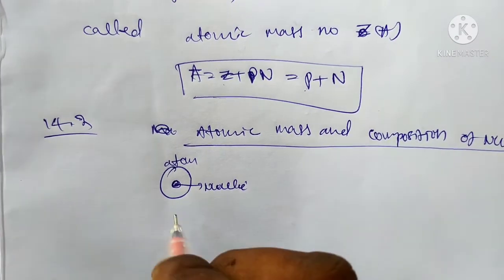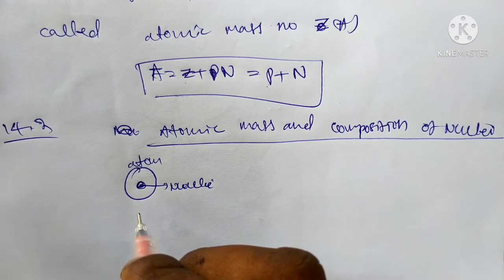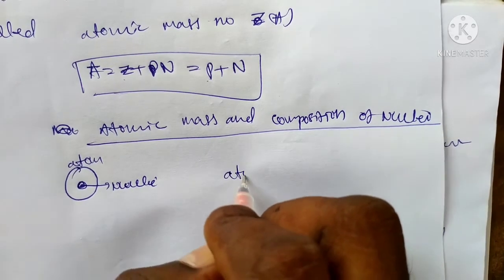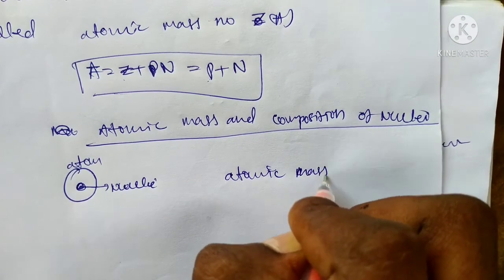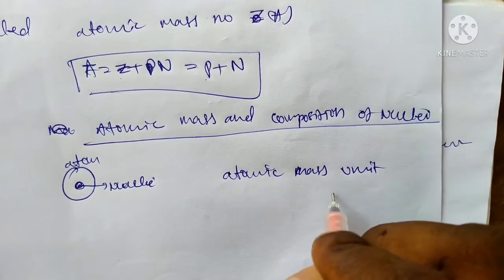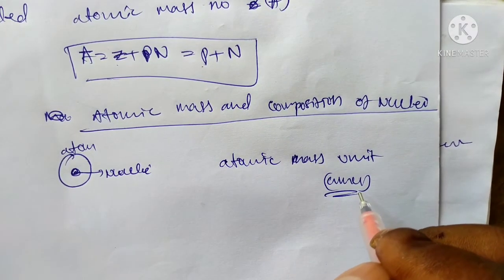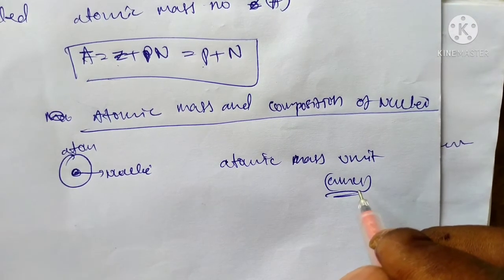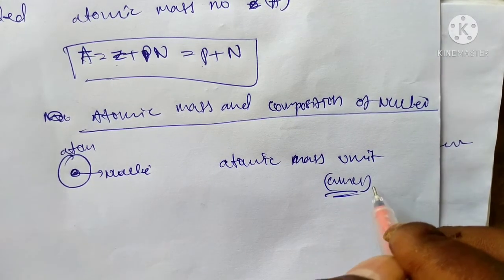Now atomic mass can be measured in the atomic mass unit, that is AMU. Atomic mass unit is the unit of mass for nucleons or nuclei. The mass of the nucleus is measured in atomic mass units.